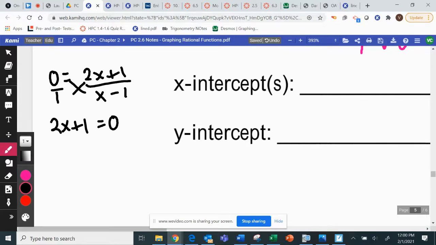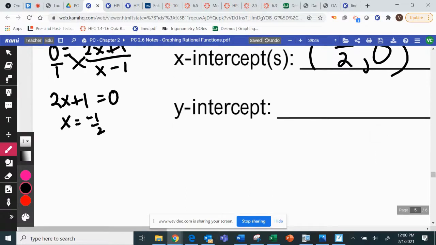So if you want a shortcut, it's really just the numerator that you have to solve for. But if you forget that, the rule for always finding x-intercepts is set the equation equal to 0 and solve it. So what makes this true? When x is negative 1/2, the x-intercept would be negative 1/2, 0. And I'll plot that in a second. I'm just going to stay zoomed out for another moment.